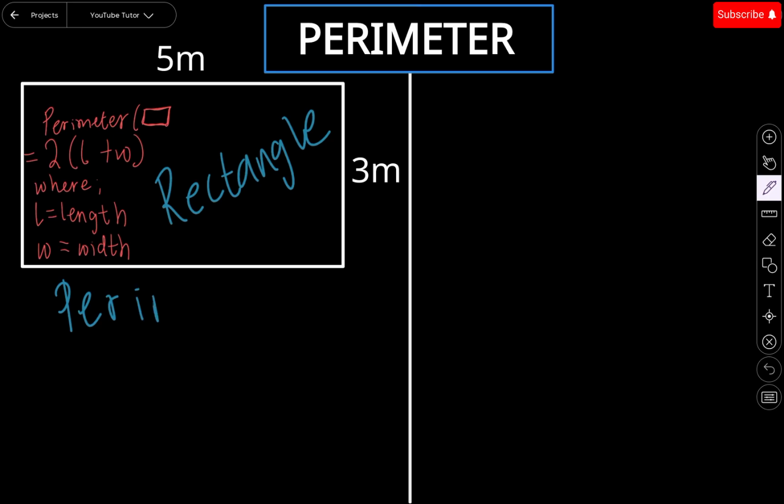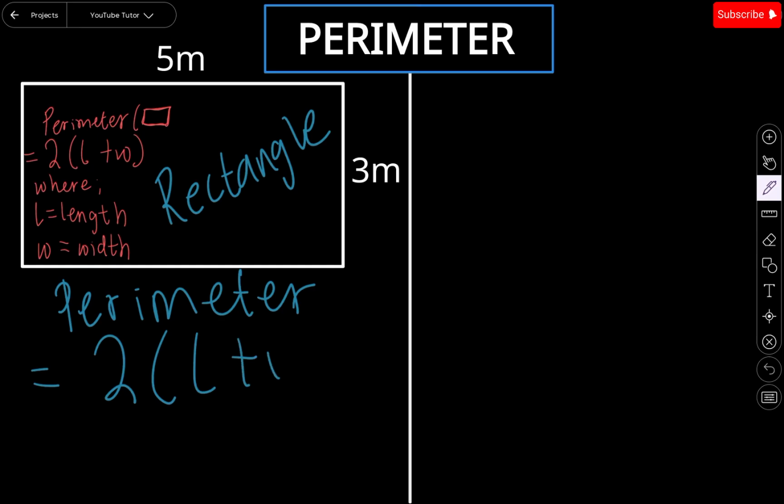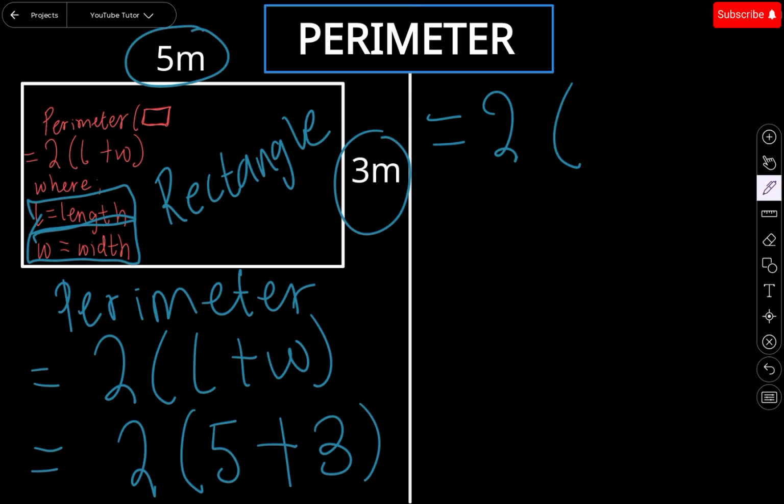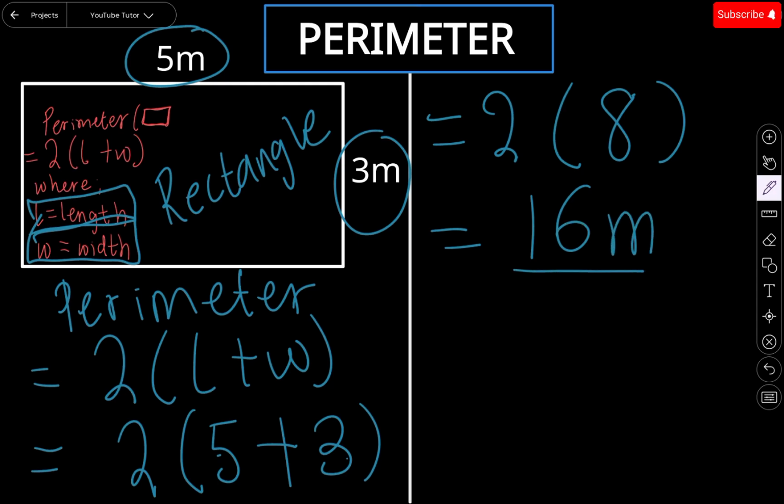Now the perimeter for that is basically 2 times (L plus W). And we illustrated that L is length and W is width. So what we are going to do is just substitute the values into it. Now we have 2. We know that L, which is the longest side, is 5, plus the shortest side, which is 3 meters. So now we get 2 times (5 plus 3), which is 2 times 8, which gives us 16 meters.